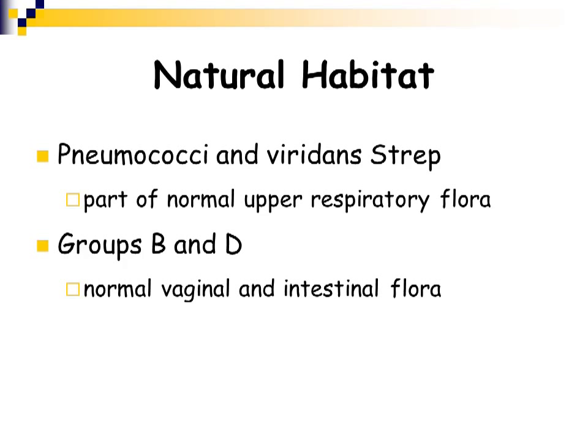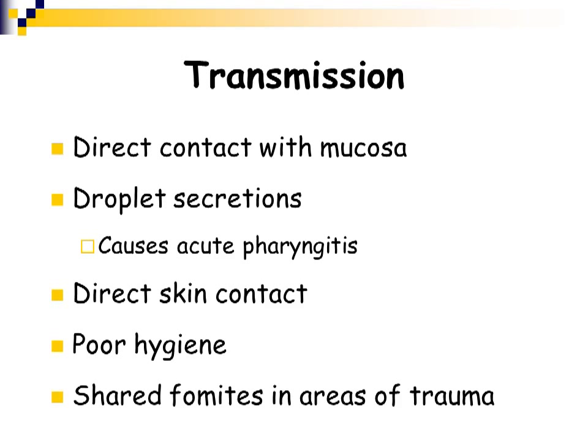Group B and D Streptococcus are vaginal and intestinal normal flora. Transmission is usually direct contact with the mucosa, droplet secretions, which can lead to pharyngitis or sore throat, strep throat, direct skin contact, poor hygiene, and sharing inanimate objects in an area of trauma. So you have a serious abrasion and there's something nearby that's contaminated.